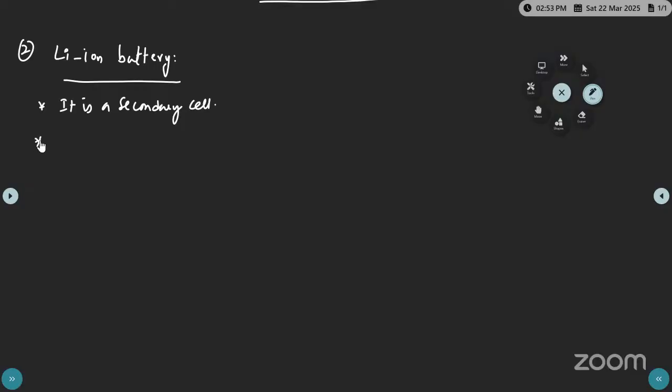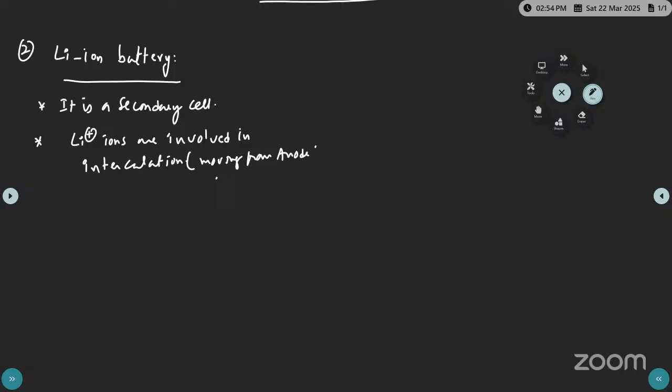In this lithium ion battery, the lithium ions are involved in intercalation. What is the meaning of intercalation? Moving from anode to cathode and vice versa, cathode to anode.